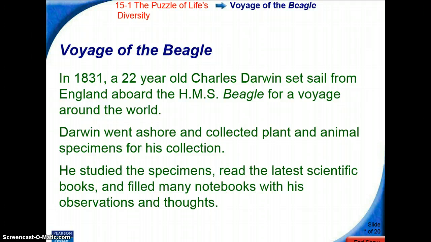And what he did with those is he studied those specimens. He read the latest scientific books when they were at sea, and he filled many, many notebooks with his observations and thoughts. Lots of drawings, lots of observations, lots of different notes about things. And he took that back with him and used those to create his theory of evolution.